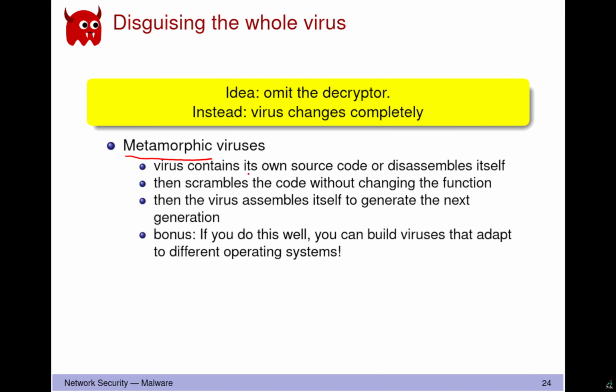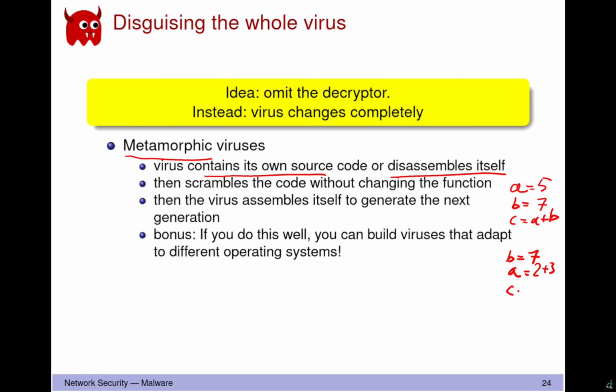What they do is bring their own source code, disassemble themselves, and scramble the code to change the function. So for example, A equals 5, B equals 7, C equals A plus B. That could now be B plus equals 7, A equals, I don't know, and it could of course introduce unnecessary computations as well.